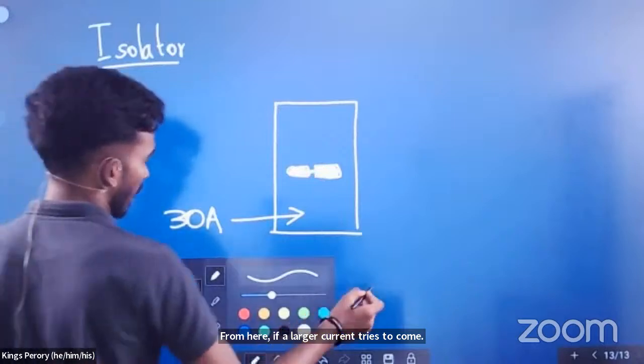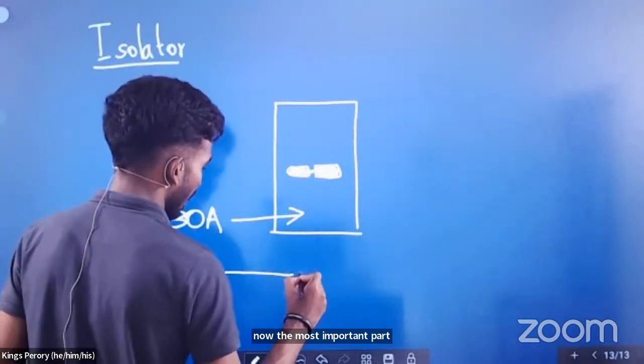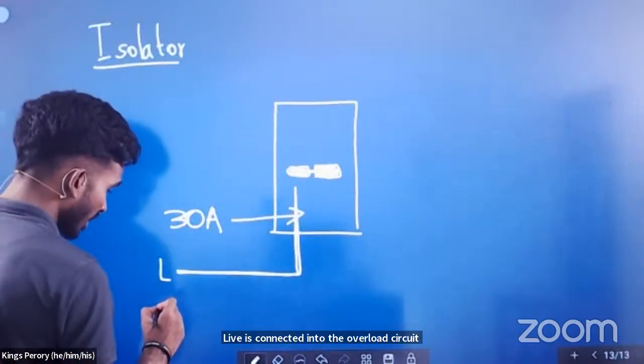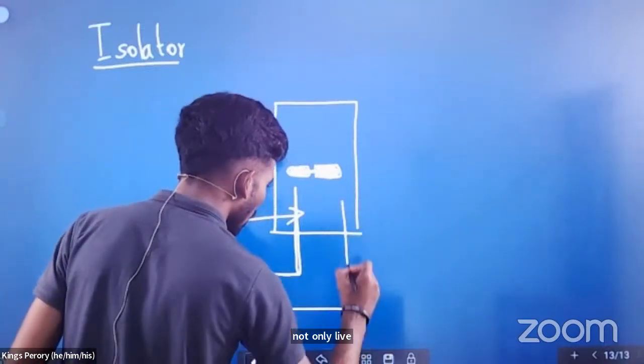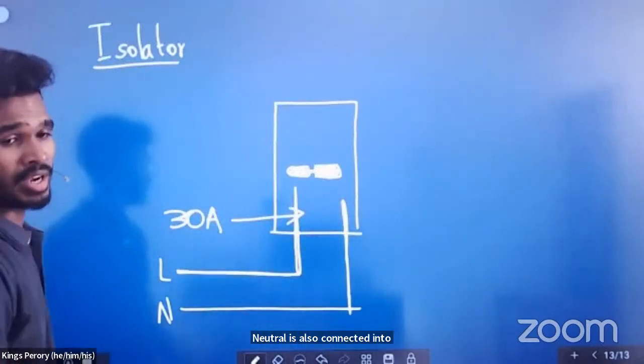Now the most important part. The live wire is connected into the isolator. Not only live, the neutral is also connected into the isolator. Both live and neutral are connected.